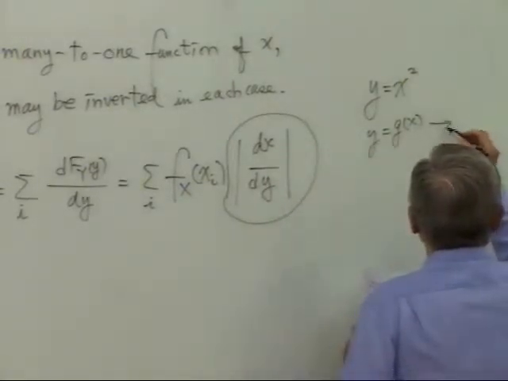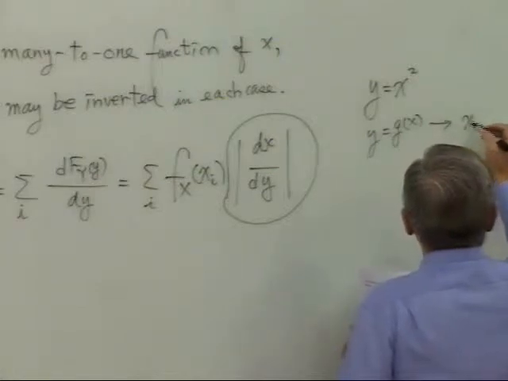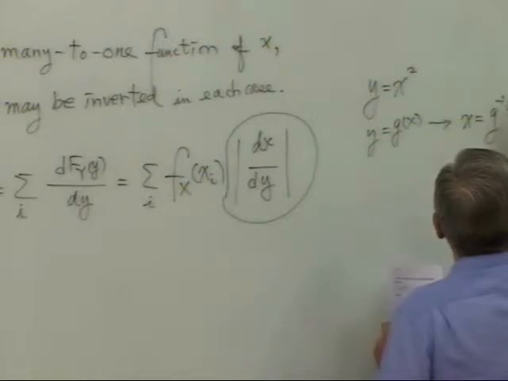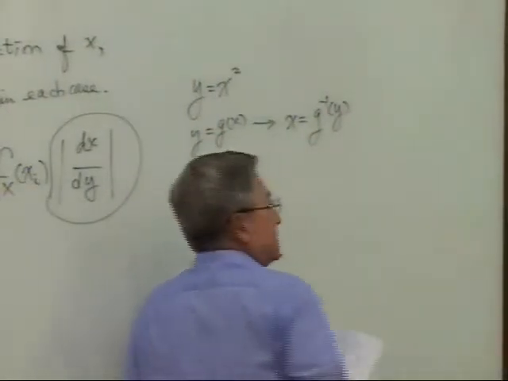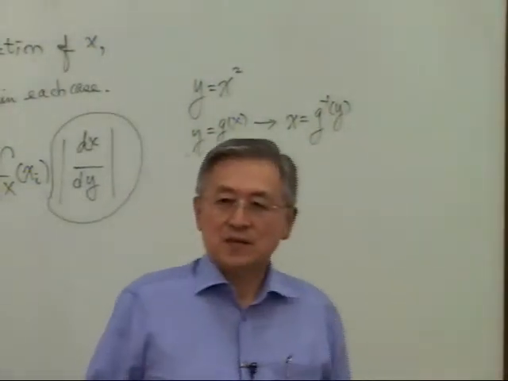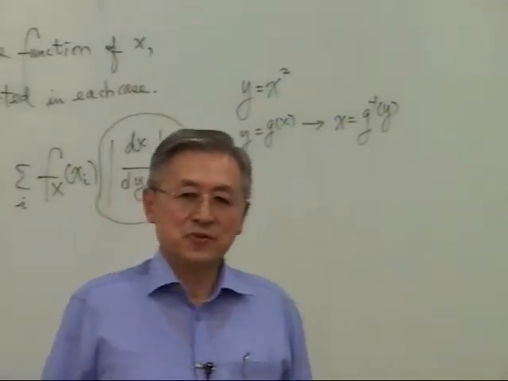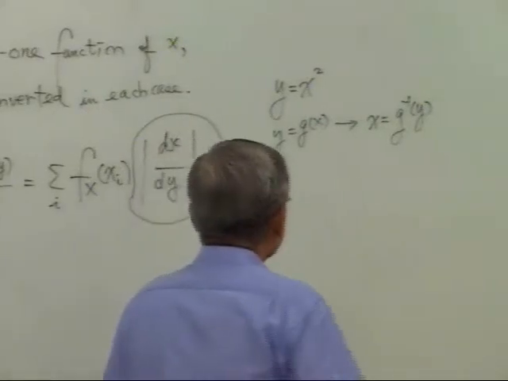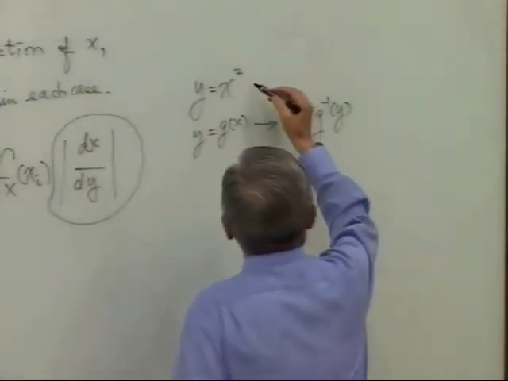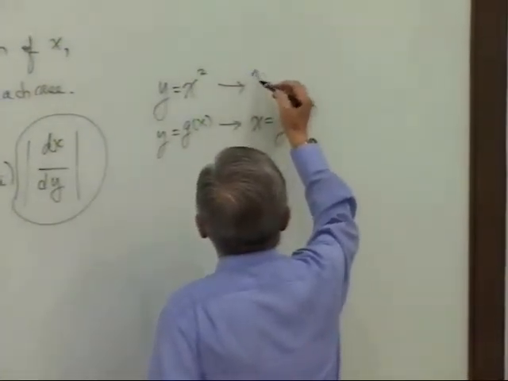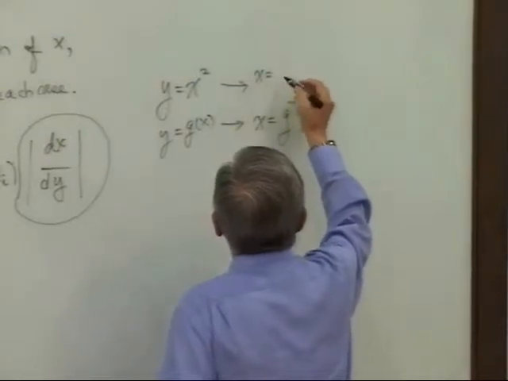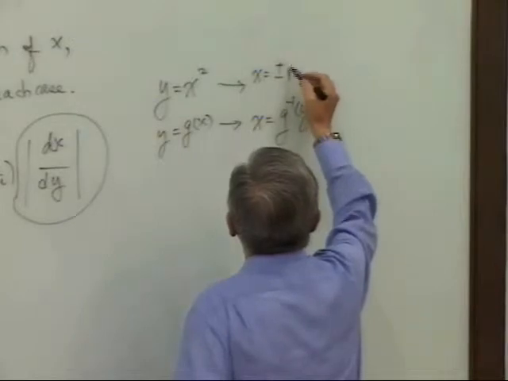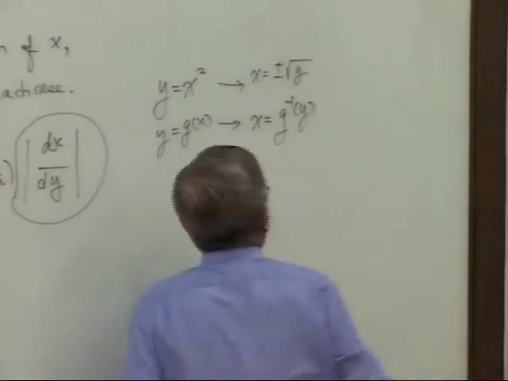If I invert, x is equal to, mathematically, I can write just like that, okay? The inverse of the g function. And in this case, x is equal to plus minus square root of y.